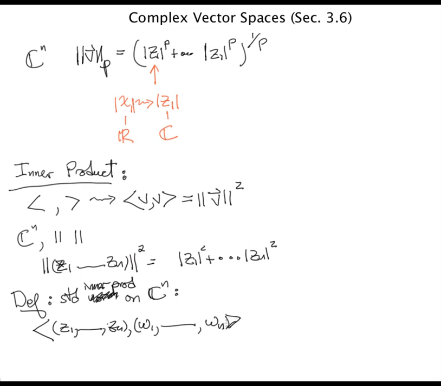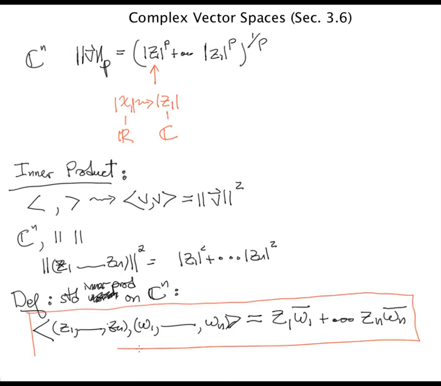You might think that you take zi wi, but you need to change that. What you take is z1 w1 bar plus dot dot dot plus zn wn bar. And the crucial thing here is that you're putting the complex conjugate on the second term.